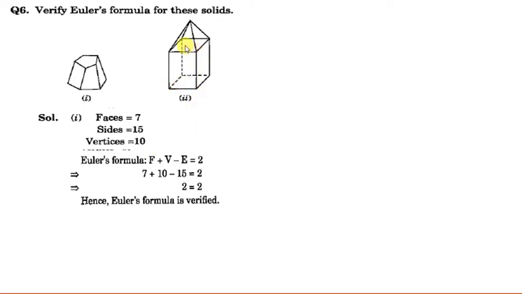Now the number of vertices: 4 vertices of this square, 4 of the bottom square, and 1 at the top, so there are 9 vertices in this case.